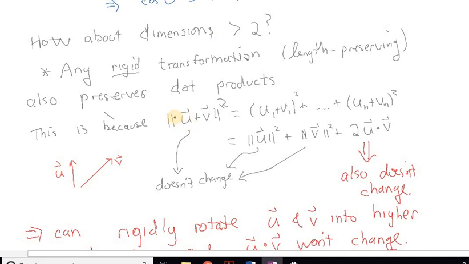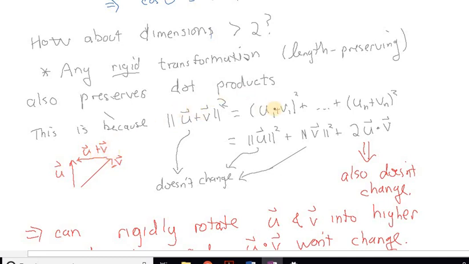Now the length of u plus v or u minus v, it's the same thing. I can call this minus v, and then this length is going to be u plus v here. So none of these lengths can change under my transformation.